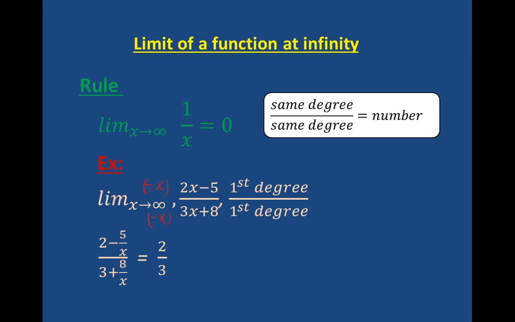By the rule, the limit when x tends to infinity of 1 over x equals 0, then 5 over x equals 0. Also, 8 over x equals 0. Then the limit is a number equal to 2 over 3.